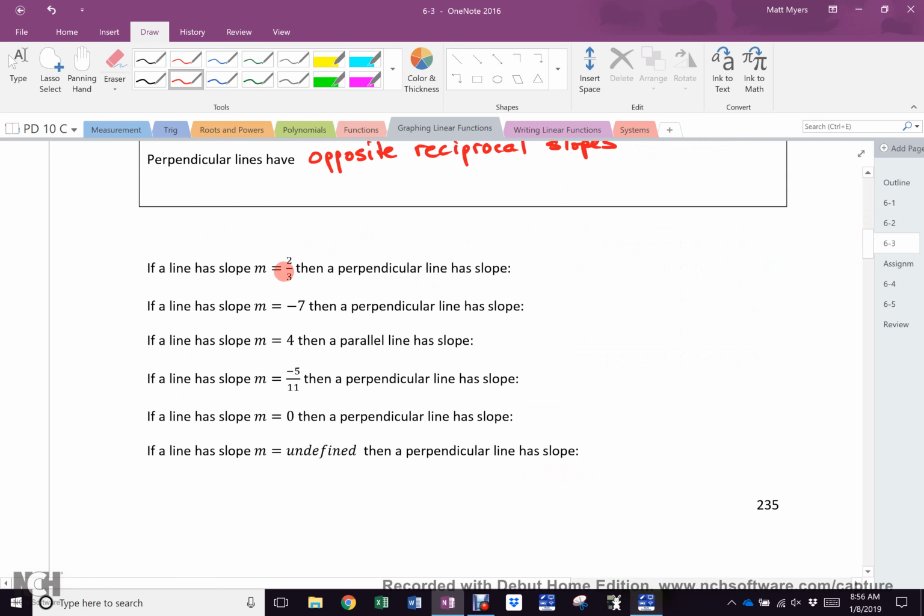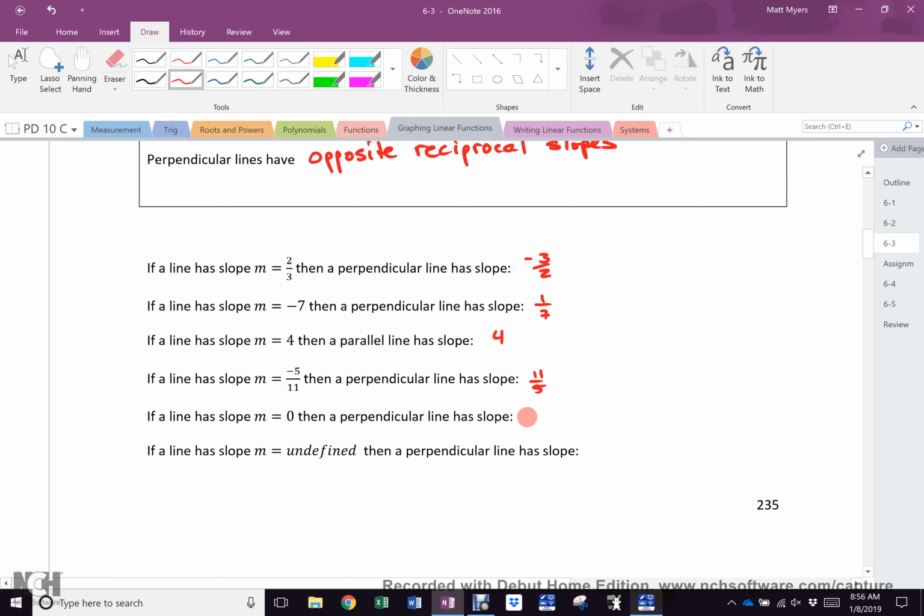First line has a slope of 2/3. What's its perpendicular slope going to be? Negative 3/2. Line has a slope of -7. What's its perpendicular slope? 1/7. Positive 4. What's its parallel slope? 4. -5/11. What's its perpendicular slope? 11/5. 0.